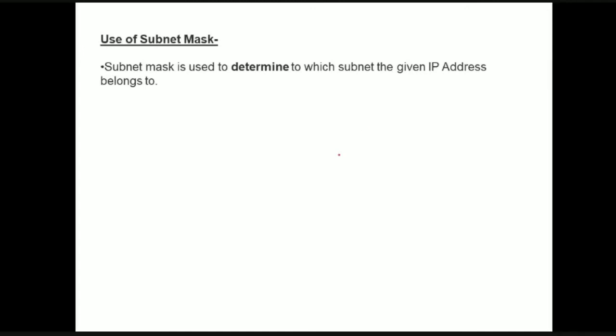Now we have discussed what the subnet is, how the subnet is calculated and so on. But what is the use? How can we use this subnet in our networking? The subnet mask is used to determine to which subnet the given IP address belongs. Whenever we are given a particular IP address, by using the subnet mask we can come to know to which subnet it belongs.